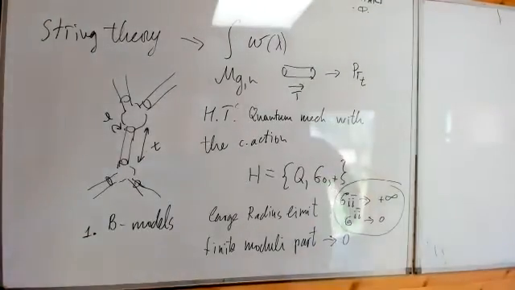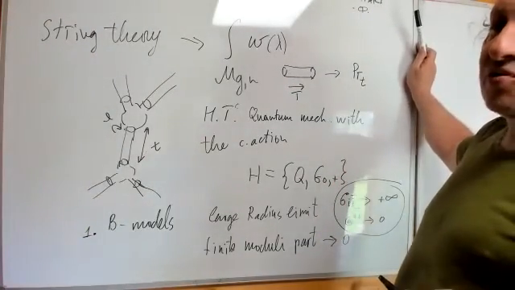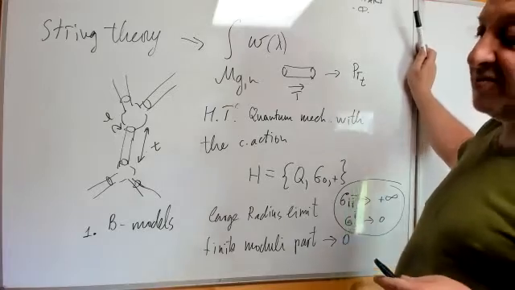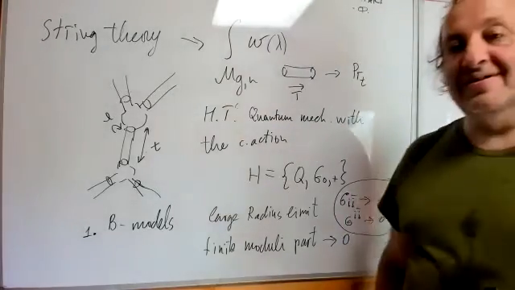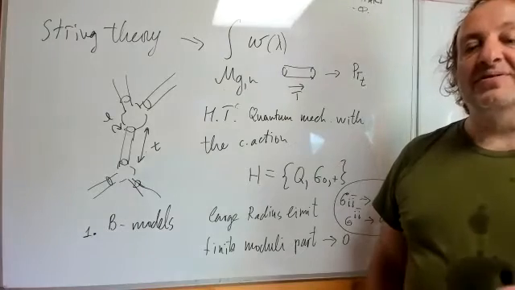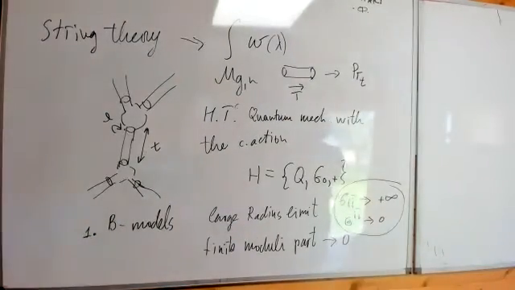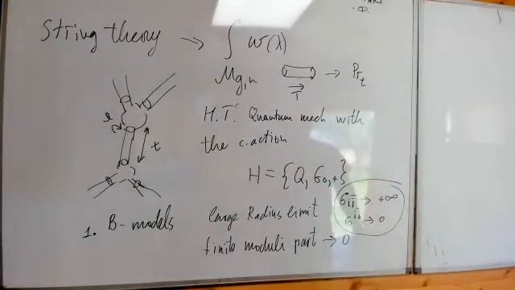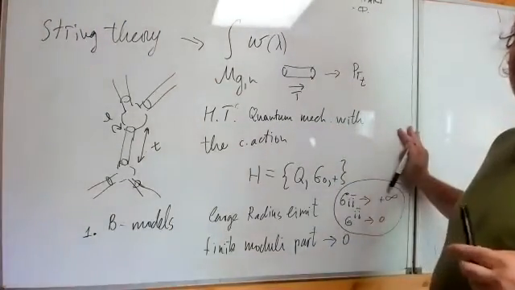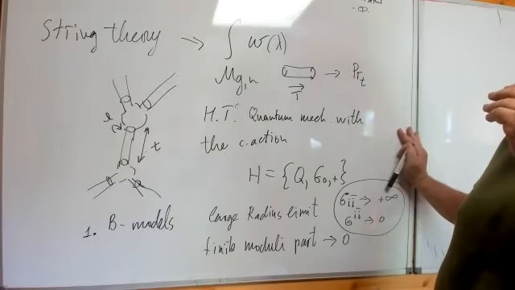Namely, we studied the structure of operators, observables in B model. We discussed behavior of correlators. So let me think. I'm really blanking out. It could be one of the seminars that I was not on, but yeah, I really don't remember this.